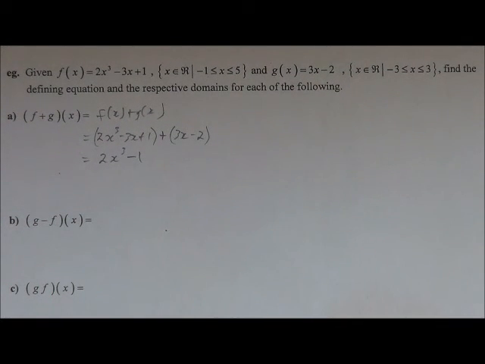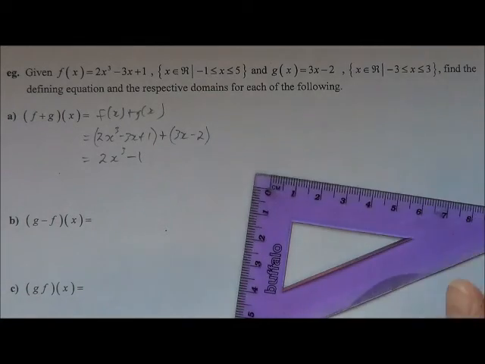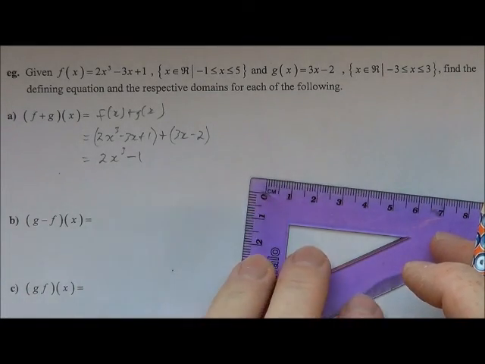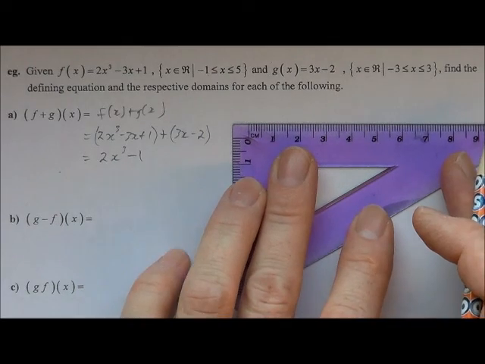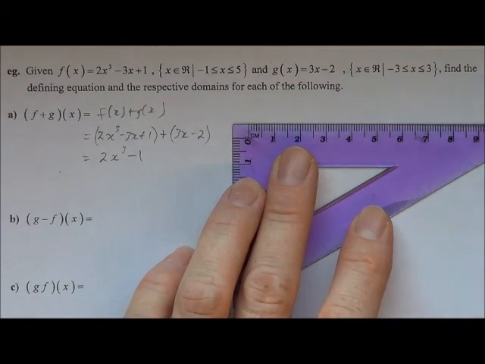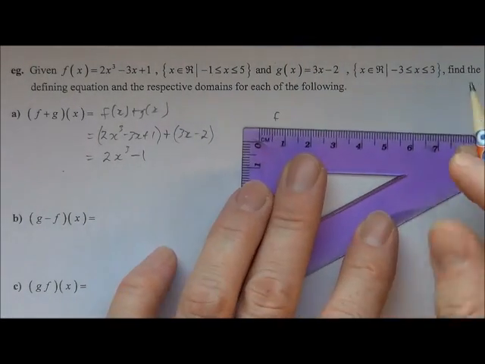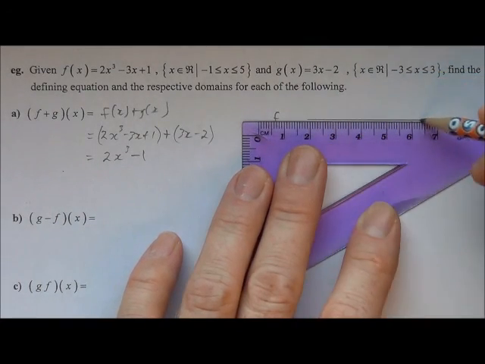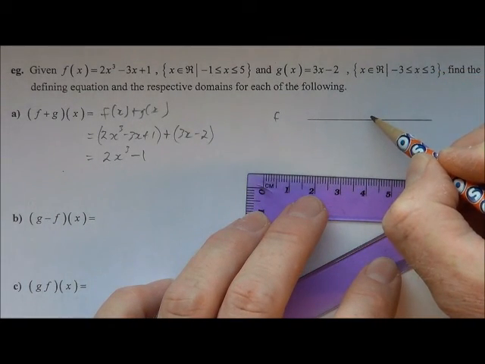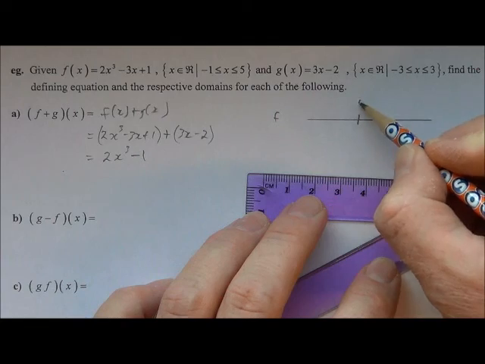Now, the one tricky thing is, as you saw in the first graph, when we were adding f plus g and f minus g, we had to look at where the domain was common. So here, we'll take a look at the domain of f. And we'll just put the 0 here.